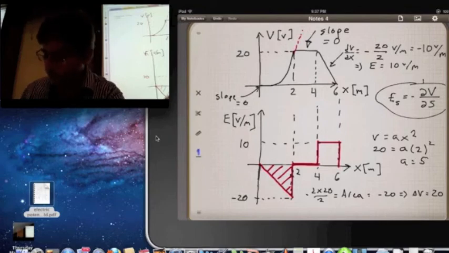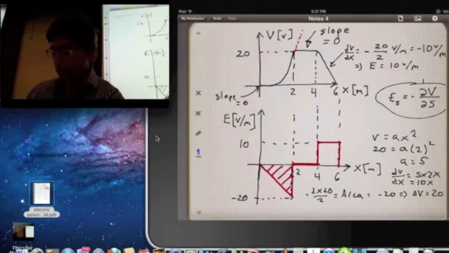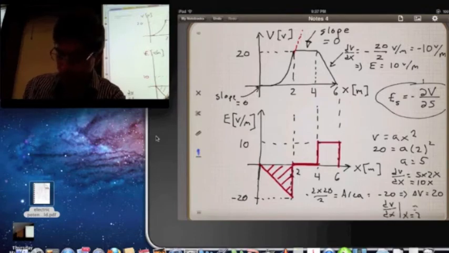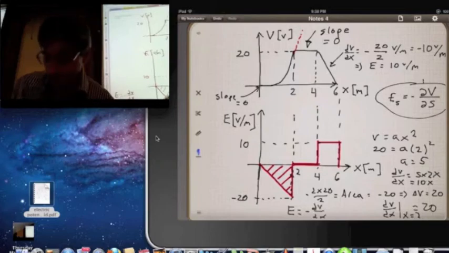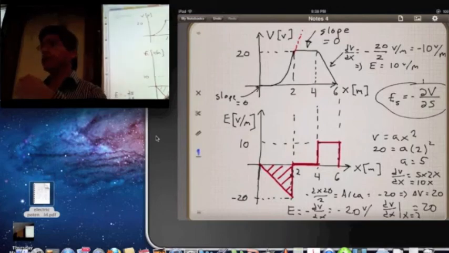So the derivative of V, dV dx, if V is a x squared, it's 5 times the derivative of x squared, which is 2 times x, that will be 10x. And for x equal 2, that's 20, right? So the electric field is minus dV dx. That will be minus 10x. So at x equal 2 it is equal to minus 20, right? Which is the value that we have here. Okay, so two ways to do it: derivative, or, as he did it, integrating.